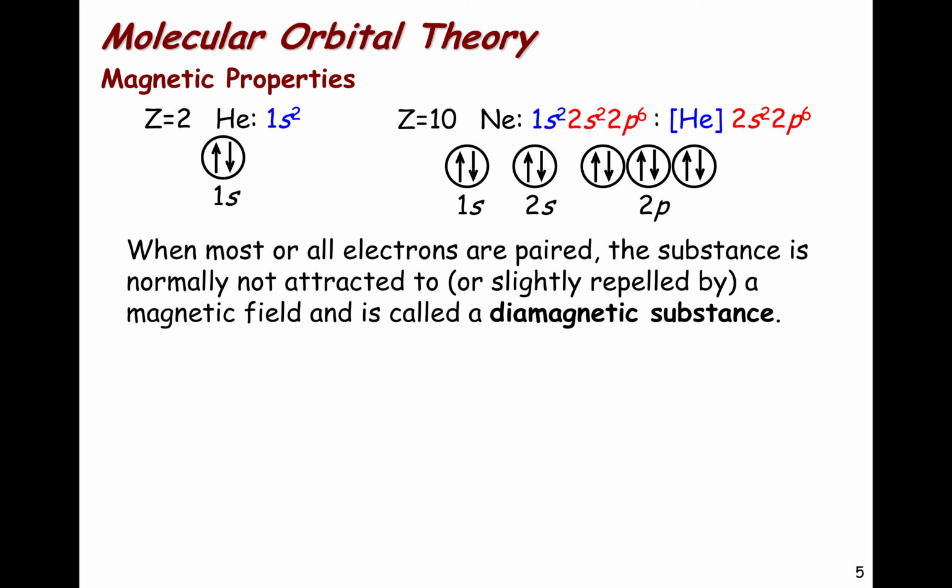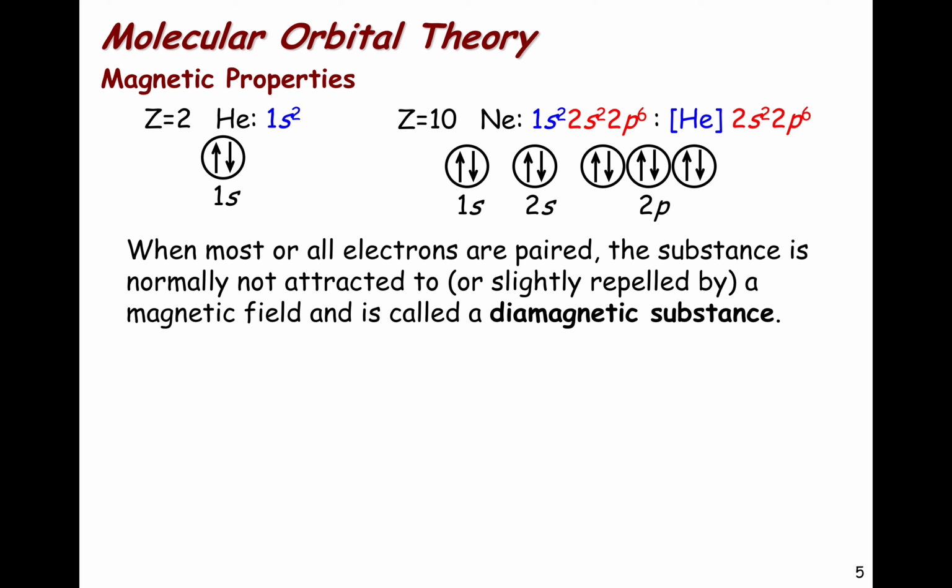Just like we discussed when we were talking about the orbital diagrams for isolated atoms and their magnetic properties, when all of the electrons in an atom or molecule are spin paired, we describe this molecule as being diamagnetic. The same description would be true when we deal with the molecular orbitals as well.